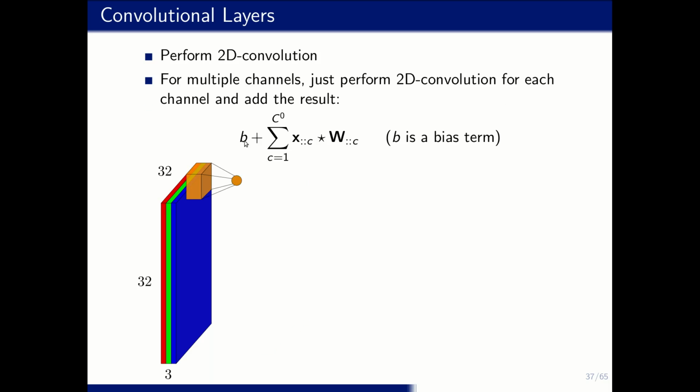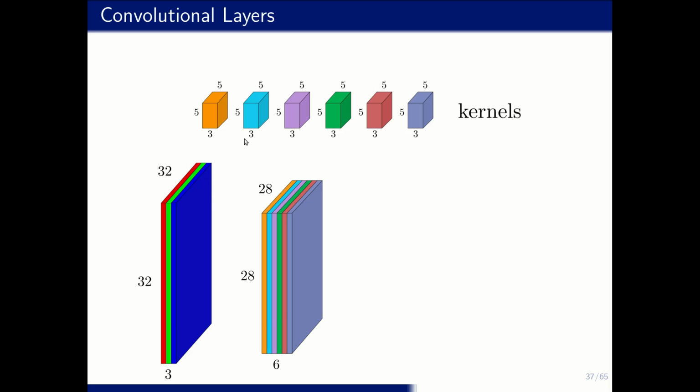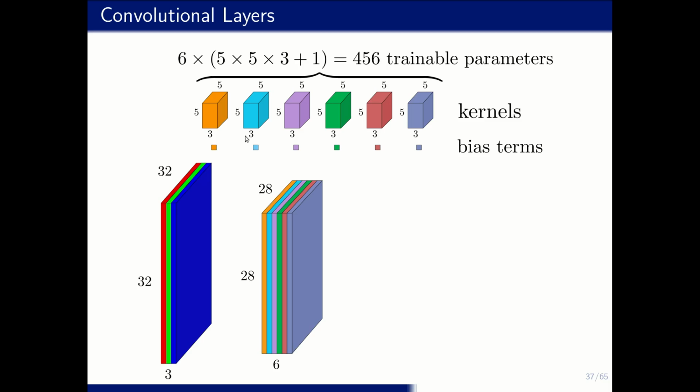So we performed convolution with each of these kernels and added the bias. In total, we will have now 456 trainable parameters. We have 6 output channels, each kernel has size 5 times 5, we have 3 input channels, and we have a bias term. So in total, this gives 456 trainable parameters.